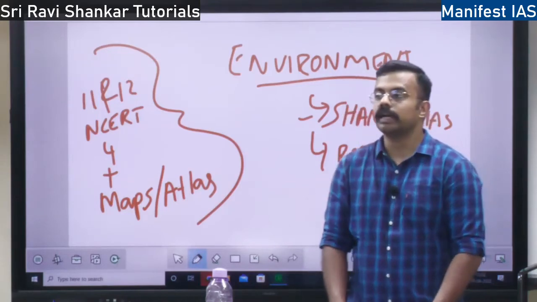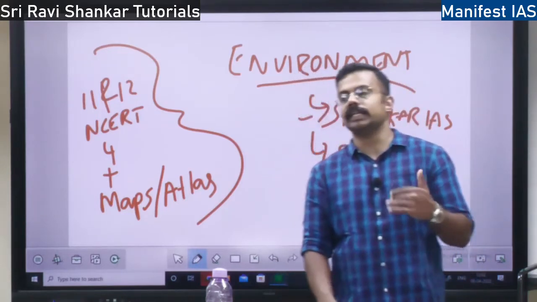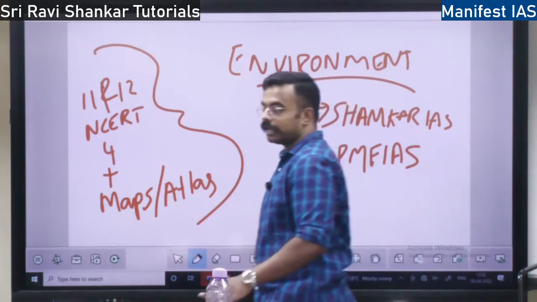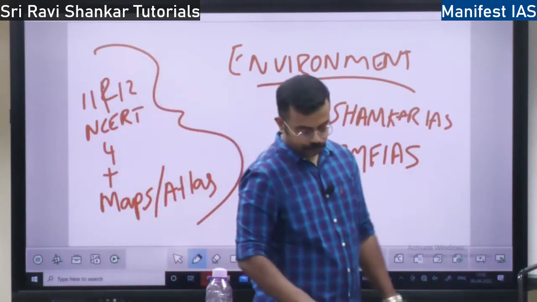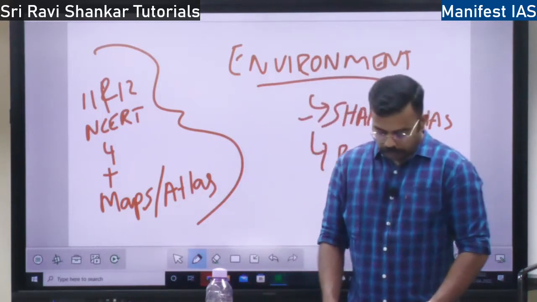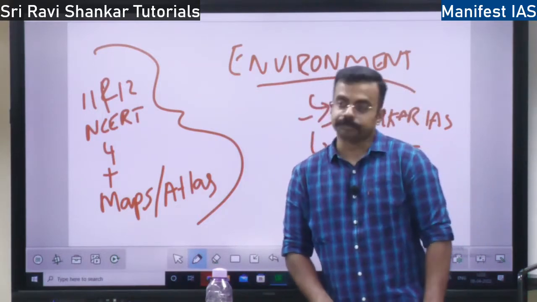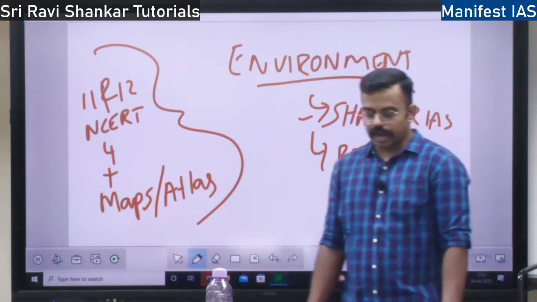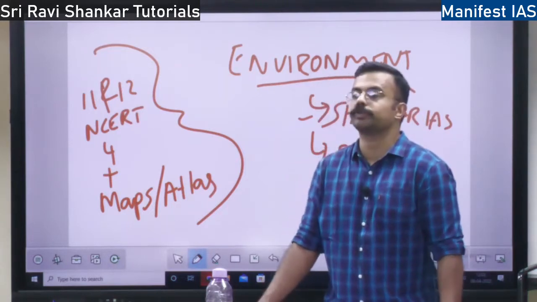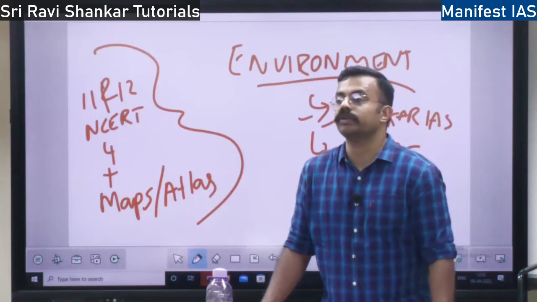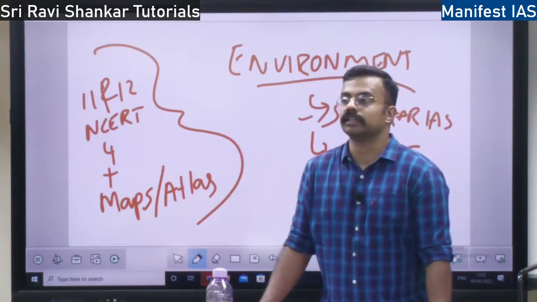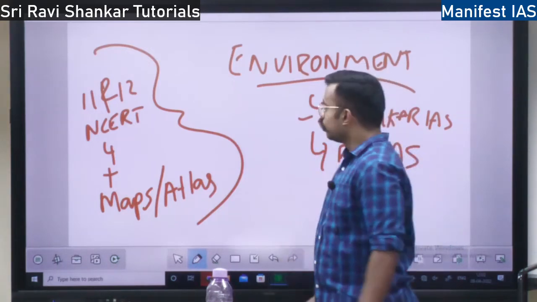Next, the community is the third level. The fourth level is the ecosystem. So what is an ecosystem? The definition is, it is a structural and functional unit of a biosphere.